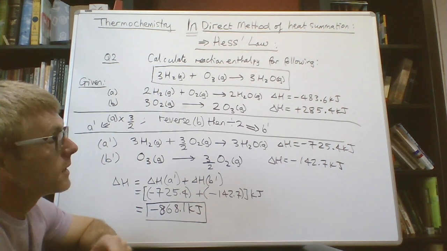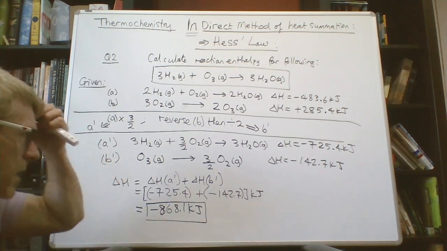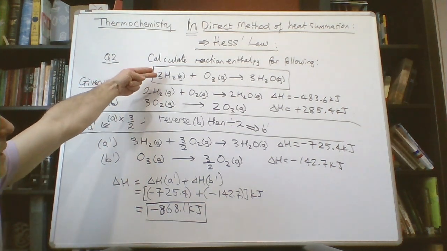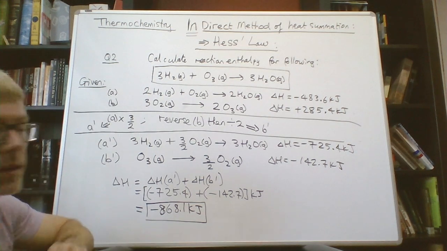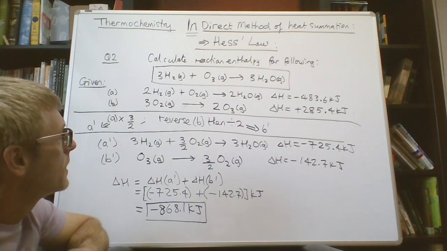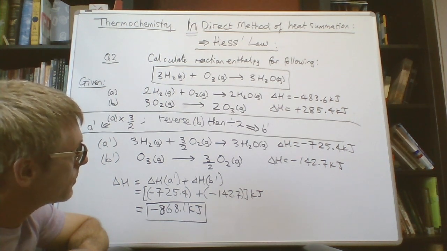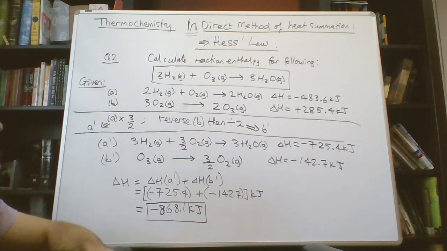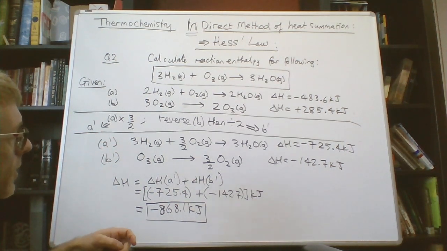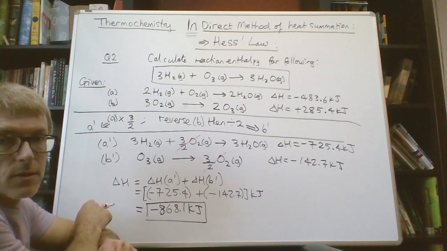Okay, so this directly contrasts with the direct method. This is the indirect method. Again, it's indirect because we're approaching a problem indirectly from other known equations. We're not head-on looking at the bonds in a hydrogen molecule. We're indirectly noting that we can cancel spectators. So if we look at A prime and B prime, 3/2 oxygen are reactant and product, so they cancel.